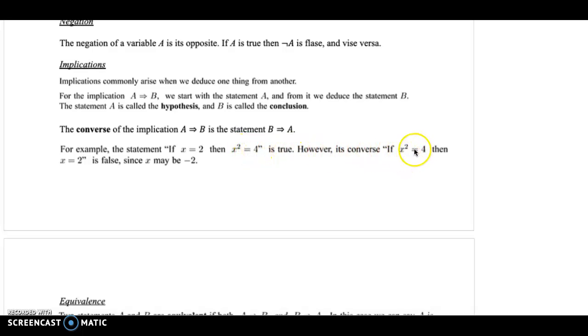However, the converse, if x squared equals 4, then x equals 2, is not necessarily true, because it's x squared, so that could actually be plus or minus 2. It could be that x is minus 2, so it's not necessarily true. That's just an example, right?